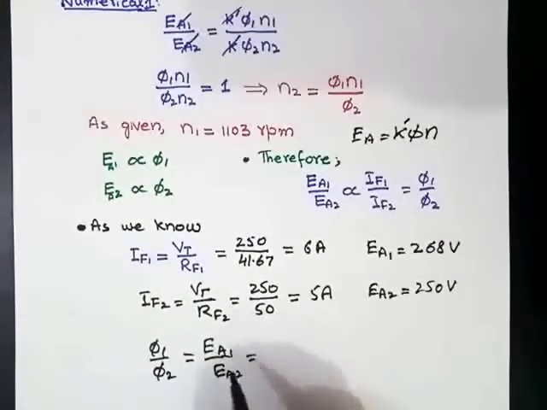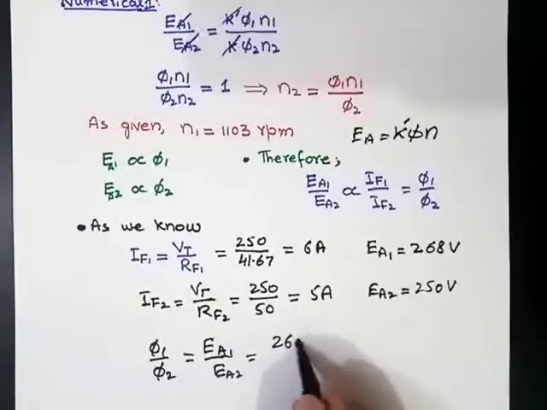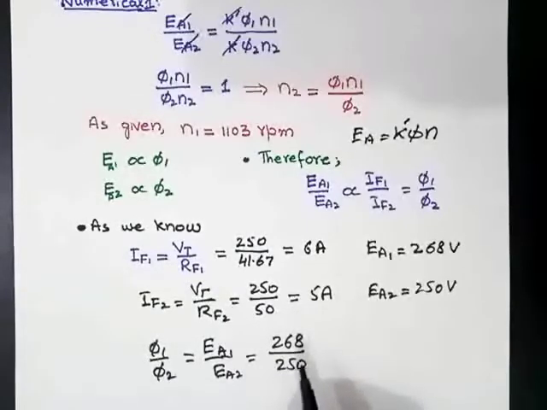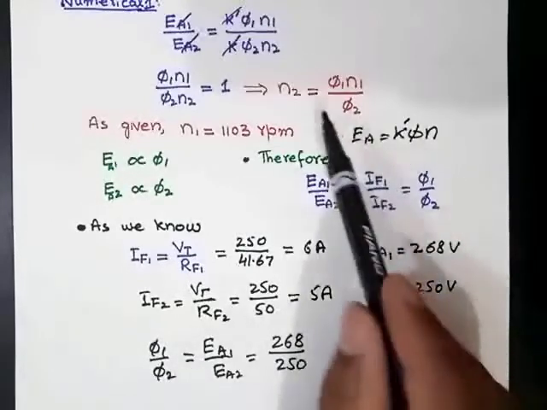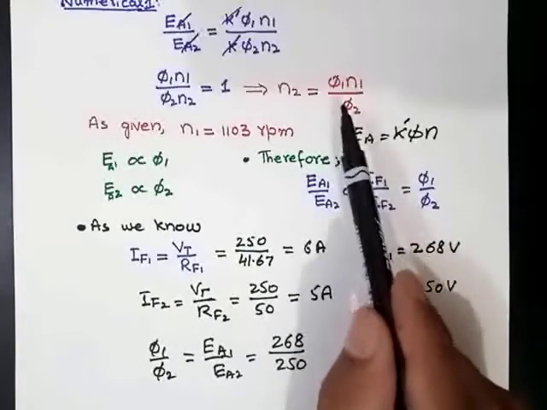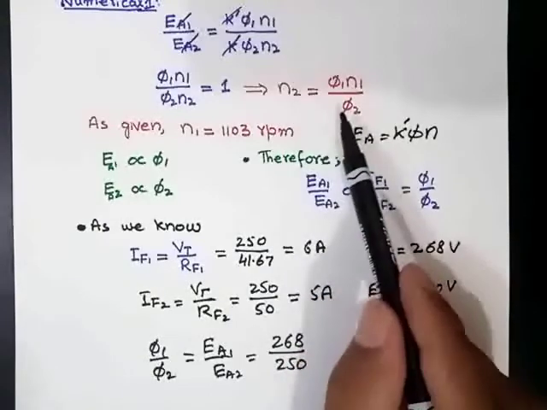Putting the value of EA1 and EA2 in this equation, we get 268 over 250. Now, the value of flux 1 over flux 2 is equal to 268 over 250. Putting the value of flux 1 over flux 2 in this equation, we can find the value of N2.